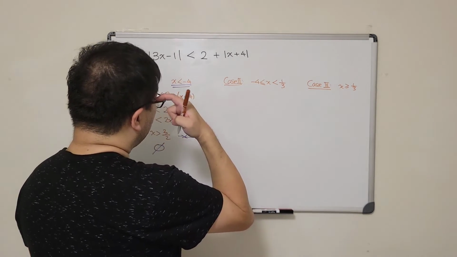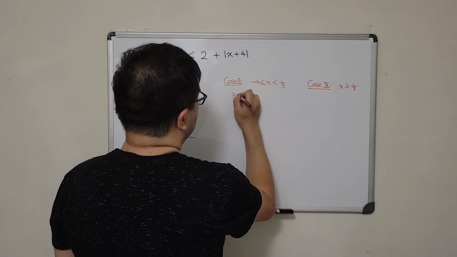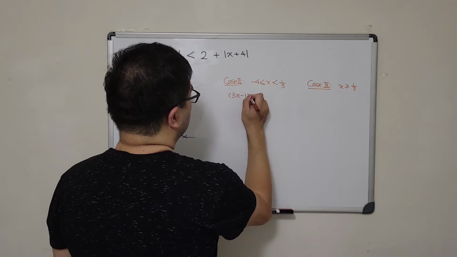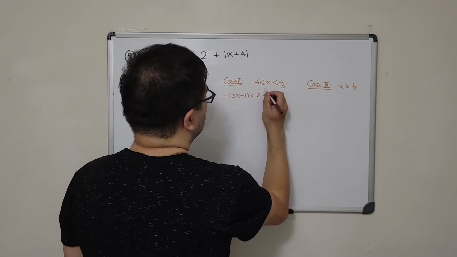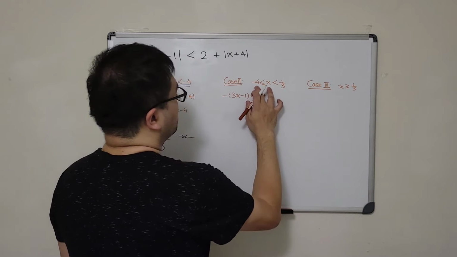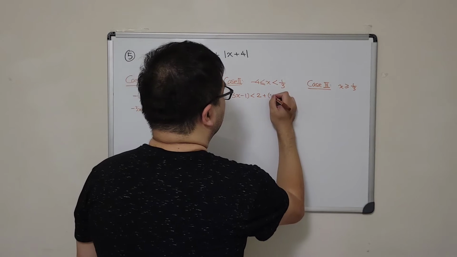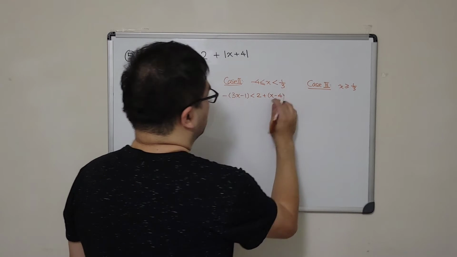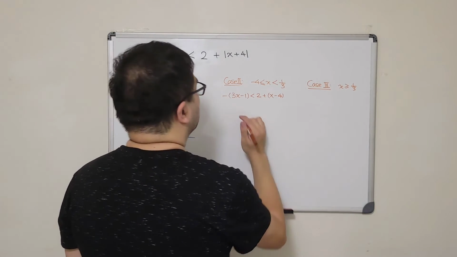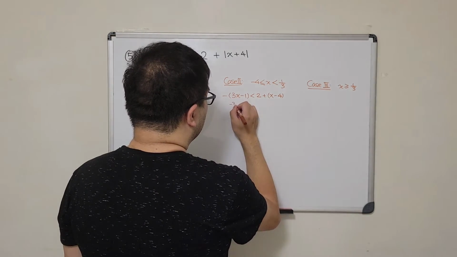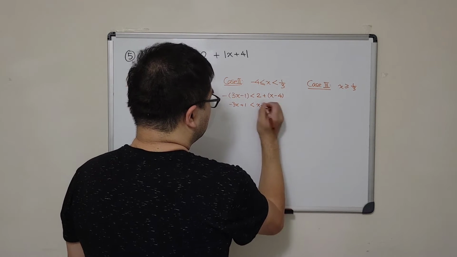Case 2, we get 3x minus 1 is still negative, so we need to multiply by negative 1 here. It's less than 2 plus x plus 4. Again, now x plus 4 is positive because x is greater than or equal to negative 4, or this term is at least not negative, so there's no change for a sign. Then if we simplify it, we get negative 3x plus 1 is less than x minus 2.